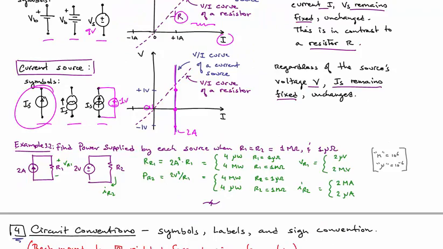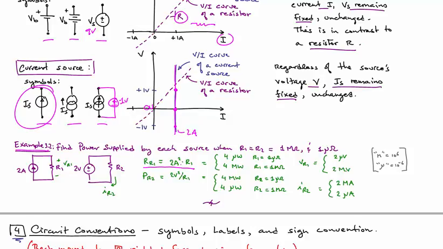Okay, in this example, I'm highlighting how very different the power delivered by an ideal source will be based on what the load is that's connected to it. In the first case, we have a 2 amp source that is delivering 2 amps through R1, and the power delivered to that resistance is just going to be I squared R. I squared is not going to change.